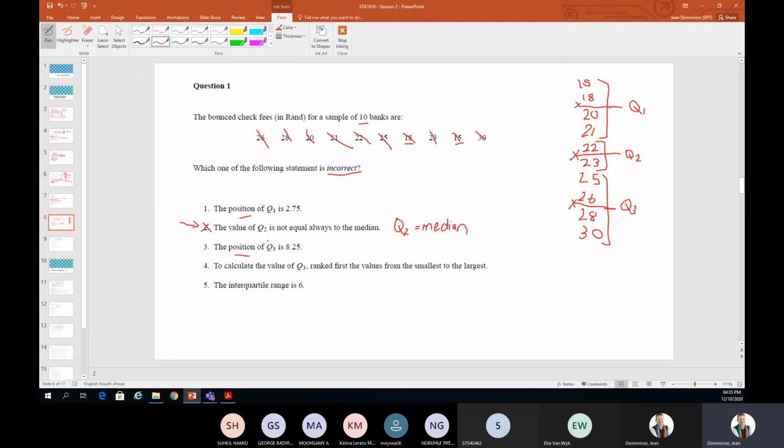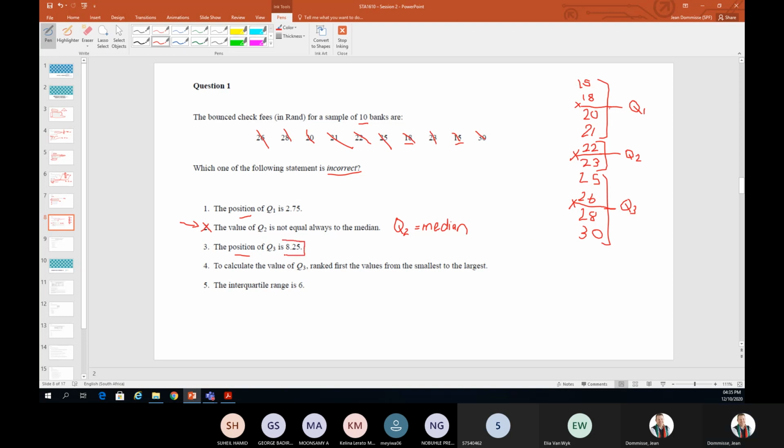Okay, very technical, this formula. This one is just to show that it is between position 2 and 3. So this one is between position 8 and 9.